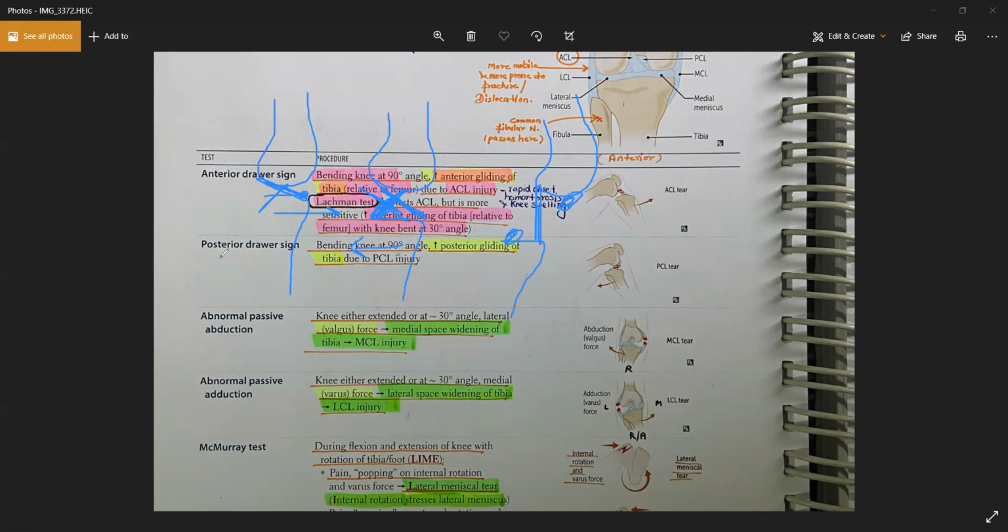And whenever the tibial nerve gets damaged, the patient will lose tiptoe walking. They will lose the sensations over the sole of the foot and plantar flexion. So remember this point.